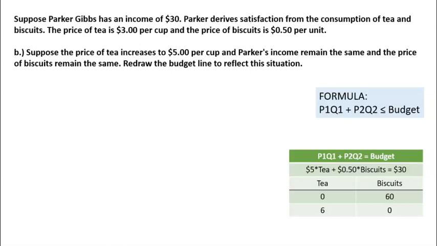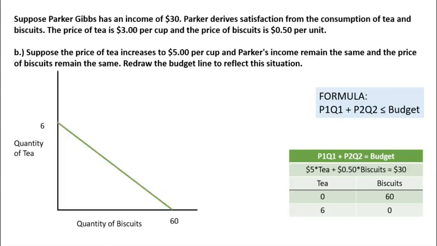You should have come up with 60 biscuits if you're going to have 0 tea, or if you don't want any biscuits at all, you can have 6 cups of tea. So let's pause the video a moment and see how your graph comes out. Okay, so your graph should have come out something like this.